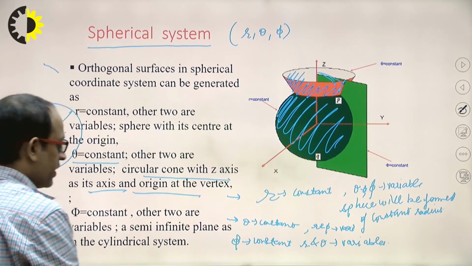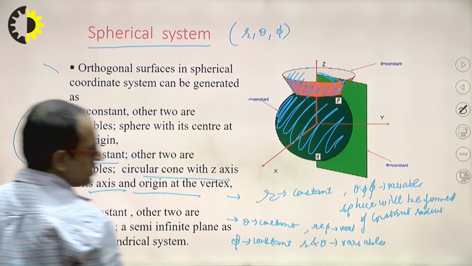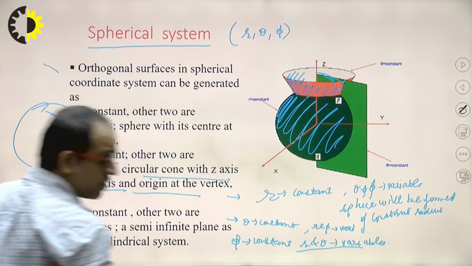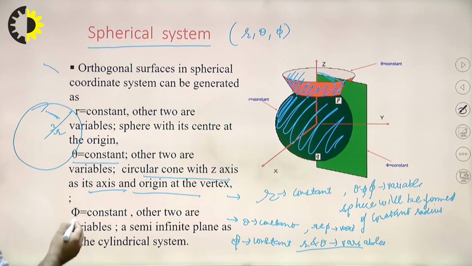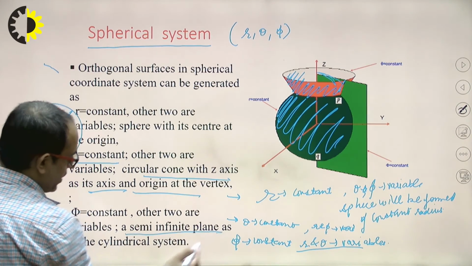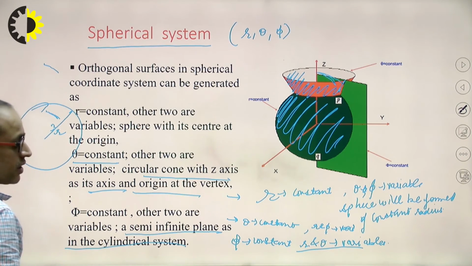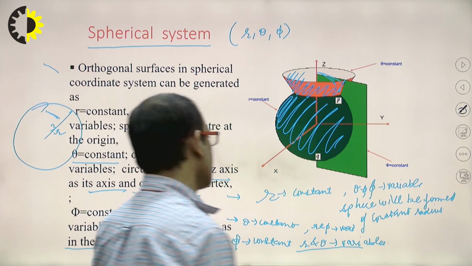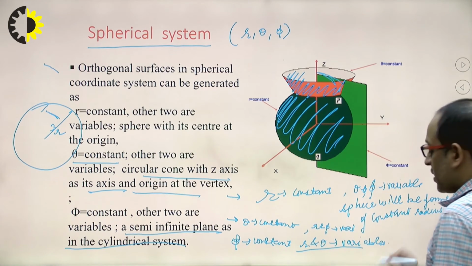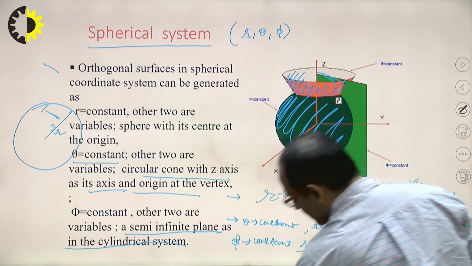It is a semi-infinite plane as in the cylindrical coordinate system. Clear? When phi is constant.